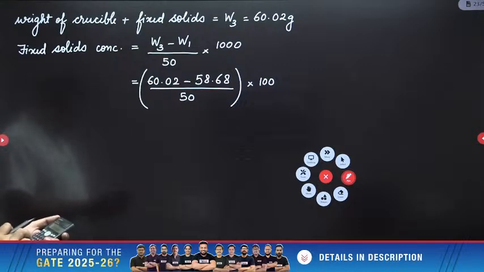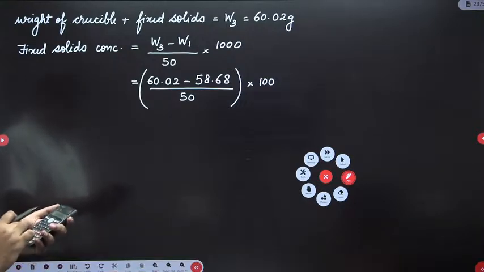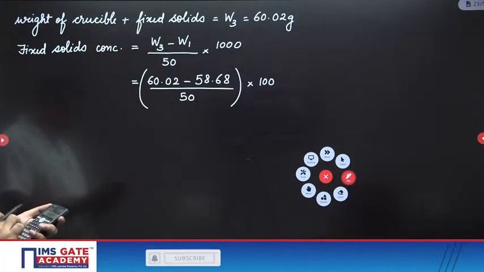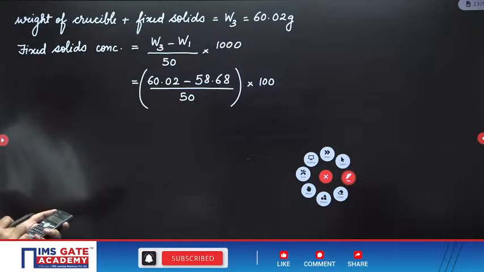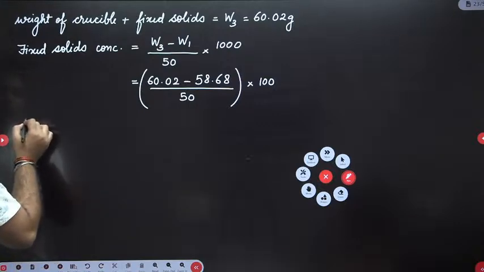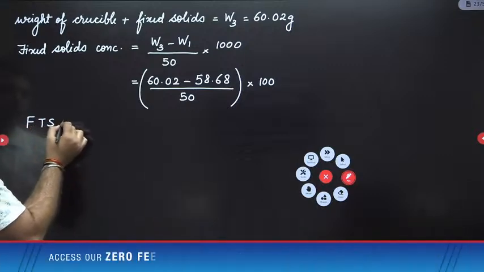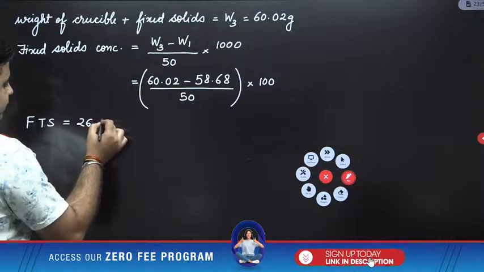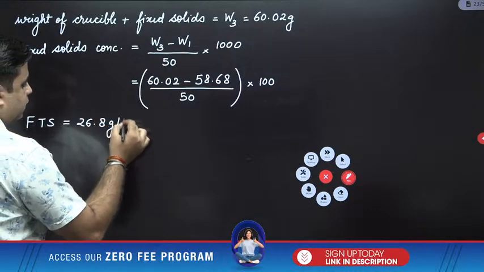So this is 60.02 minus 58.68 divided by 50 multiply by 1000. So this will be 26.8. So fixed total solids is 26.8 gram per liter. Just check this out.